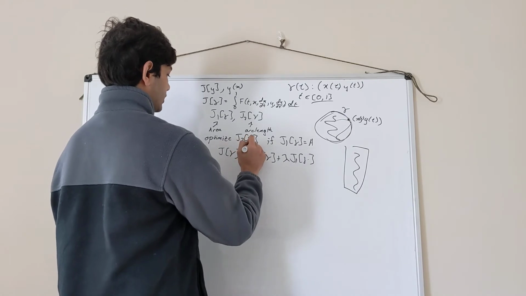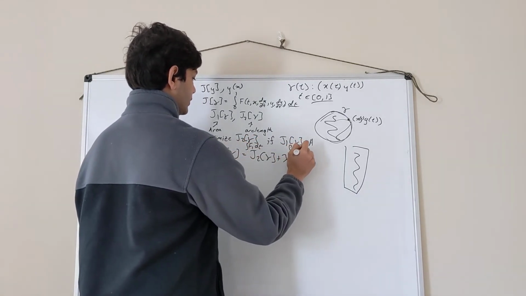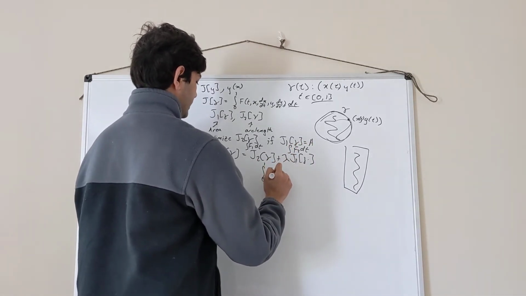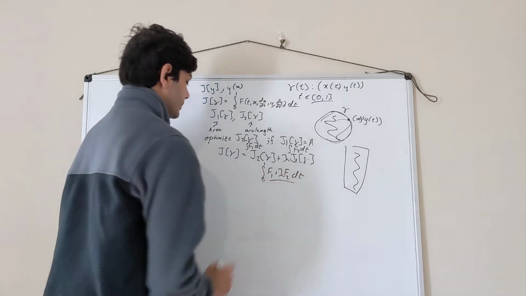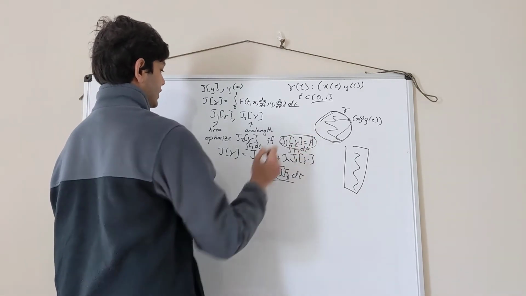If this is the integral of f1 dt, and this is the integral of f2 dt, then this will look like the integral from 0 to 1 of f1 plus lambda f2 dt. So then you optimize this, and then to calculate the value of lambda, you look back at this equation.